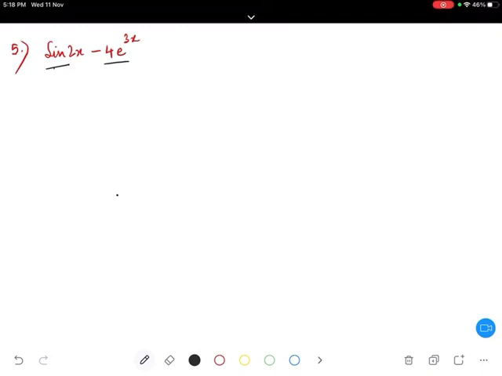How will I separate? Now listen very carefully. I will write sin 2x separately. Let u(x) be equal to sin 2x. This is one function I have written, and the other one, v(x), is equal to 4e to the power 3x.